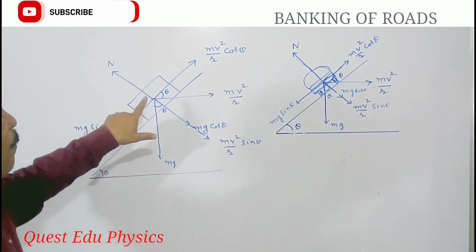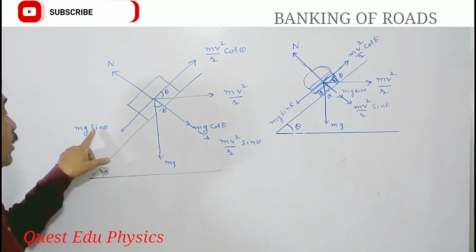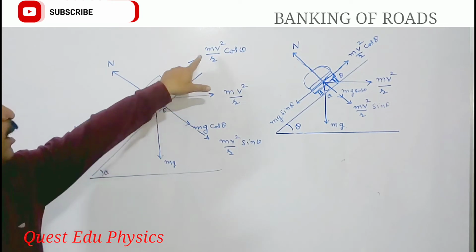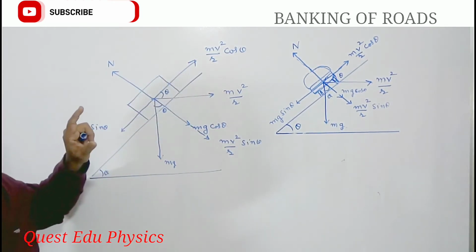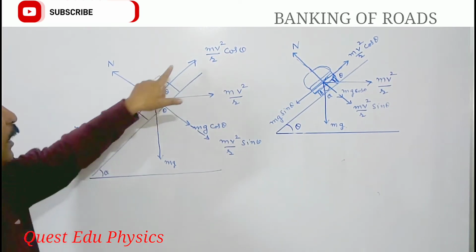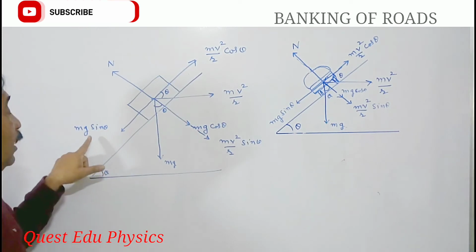Just imagine that here mg sin theta is greater than mv square by r cos theta. Or another example you can take: mv square by r cos theta is greater than mg sin theta.